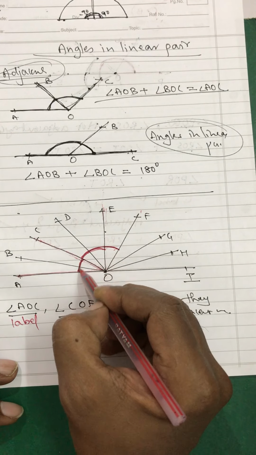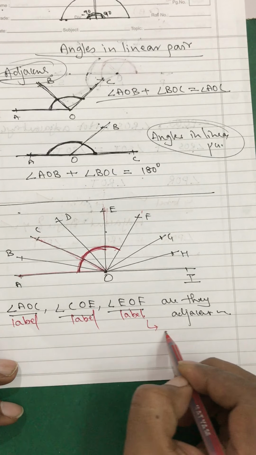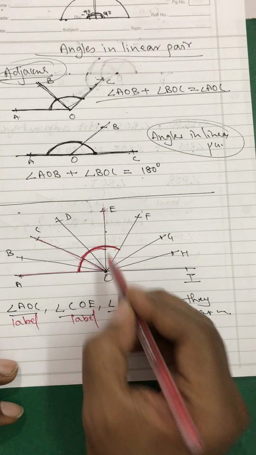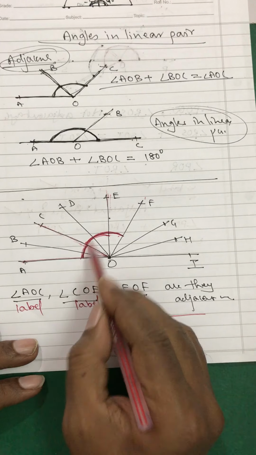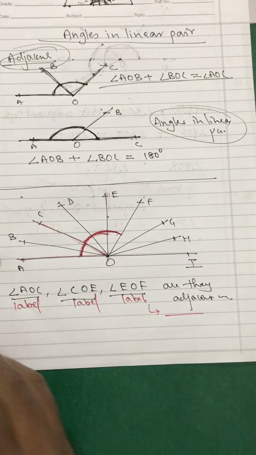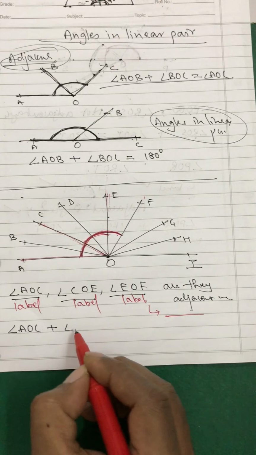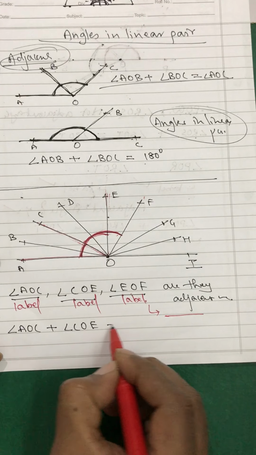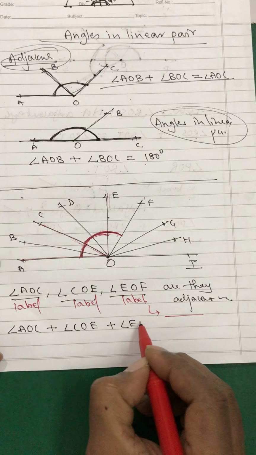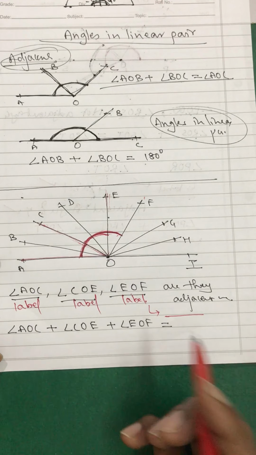So what will be the name of the total angle? Write down the name of the total angle over here. Yes, definitely they are adjacent angles, and when I add these angles, I can write angle AOC plus angle COE plus angle EOF is equal to, because they are adjacent angles, they are going to have some total angle.